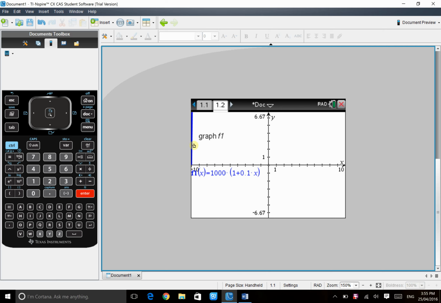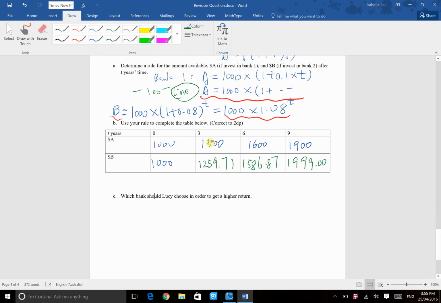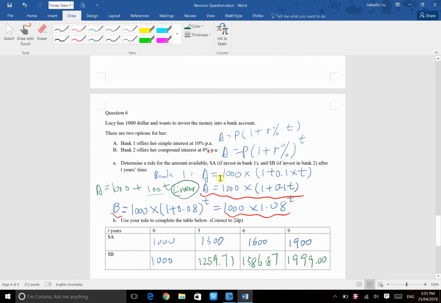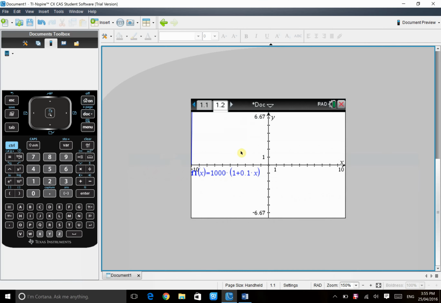Okay, you can only see a little bit of your graph. Why that happens is because of the maximum value. Your y max is 6.67 here, but your initial value is $1,000 already. So you need to change the window settings.